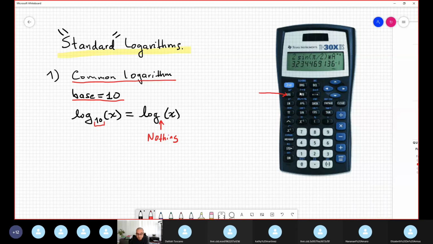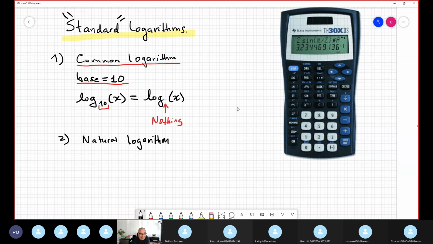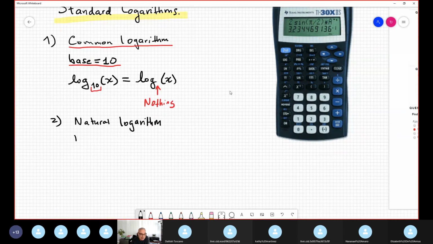Okay, now, the second standard that is important is natural. It's the natural logarithm. In the natural logarithm, the base is one famous irrational number that is called E. I want to explain who E is.